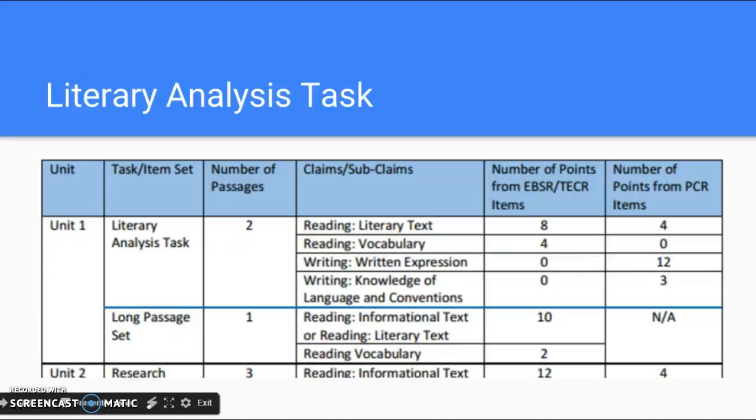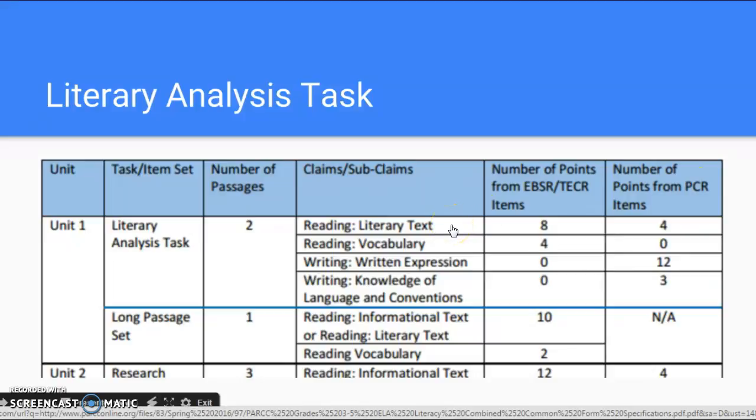This high-level blueprint shows exactly how many points students will earn in each of the subclaim areas and on each type of question. For example, on this literary analysis task, when it comes to reading the literary text, students will have the opportunity to earn 8 points on the EBSR and TECR questions and another 4 points on their essay.